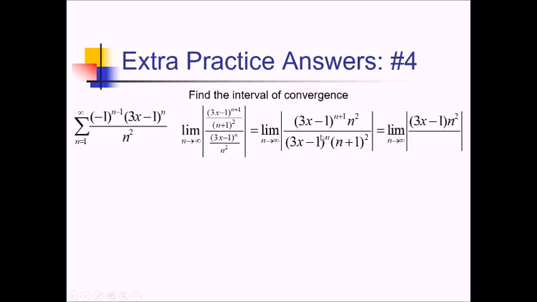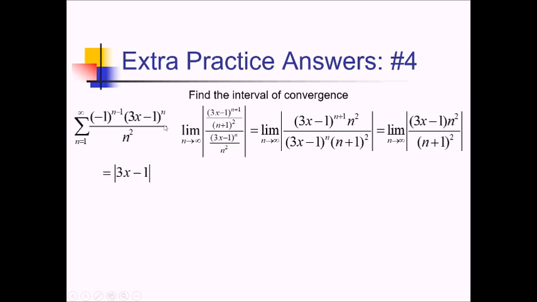In the denominator, I got rid of my (3x minus 1) to the n. That pretty much completely canceled out. I do still have the (n plus 1) squared, though. But don't worry, we're taking care of those n's, because as n approaches infinity, I can forget about this little plus 1 down here. So I essentially have 3x minus 1 times n squared over n squared. The n squareds are going to cancel, leaving me with just 3x minus 1 in the absolute value.